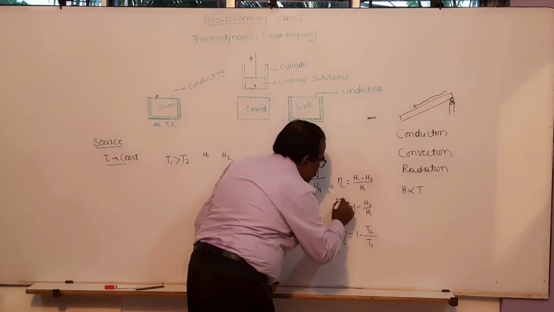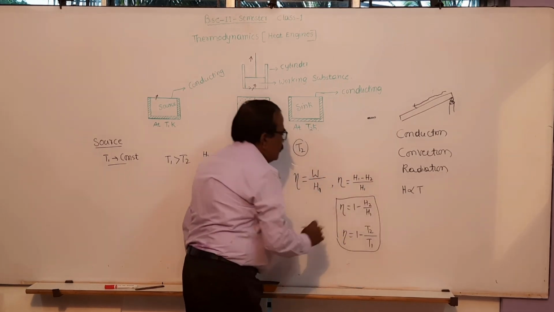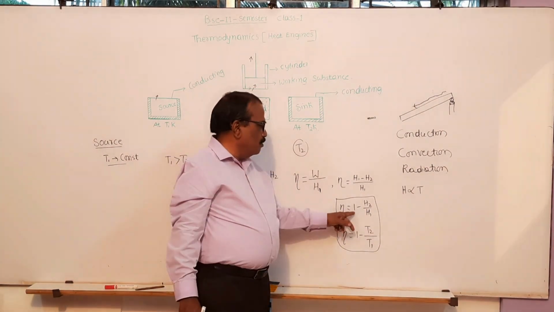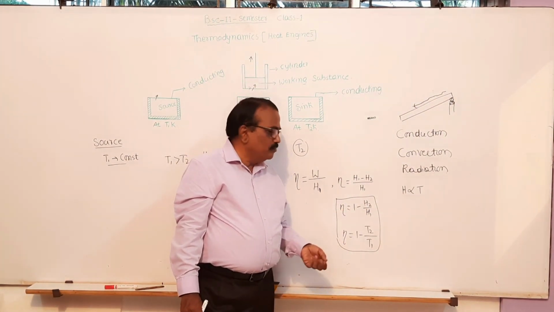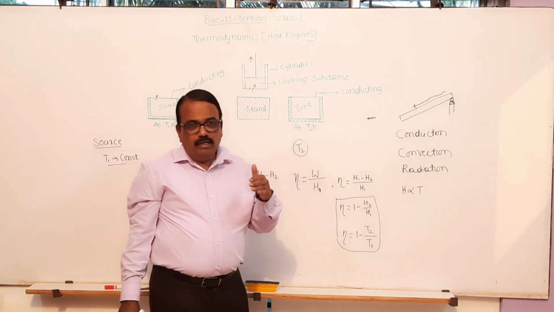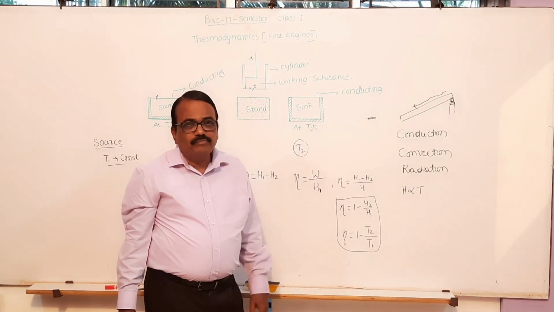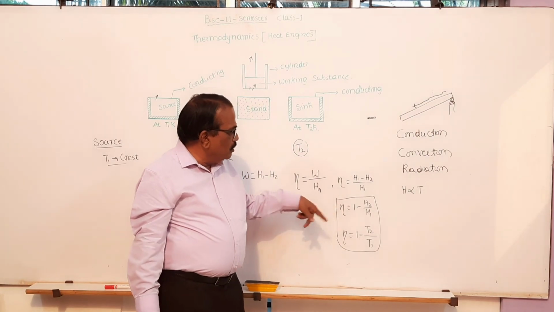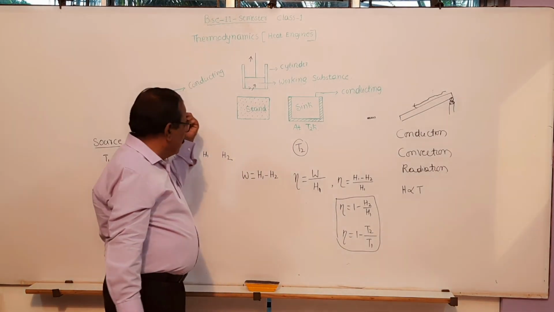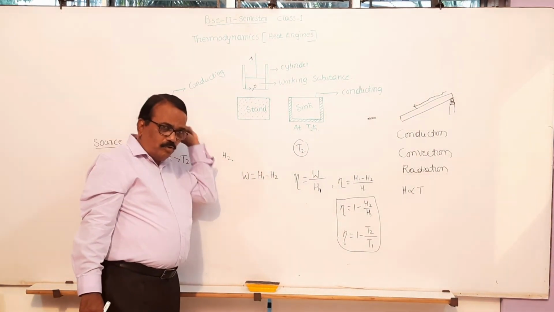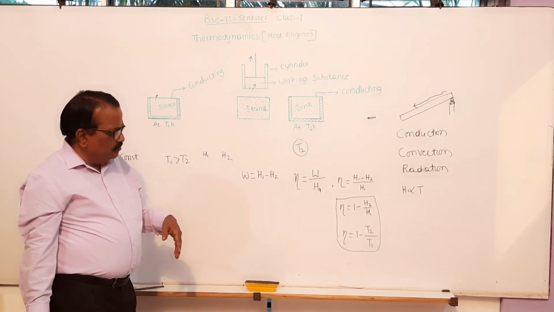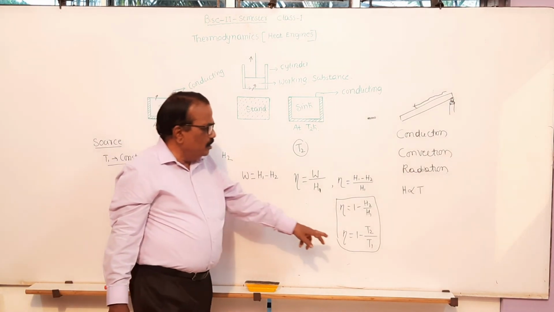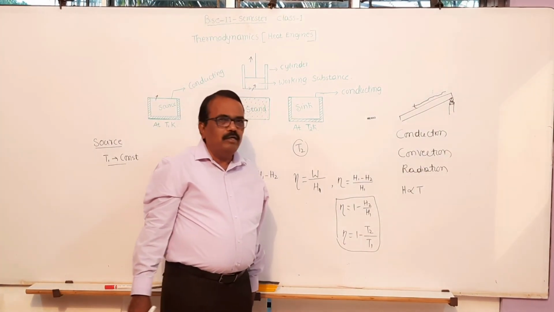You remember these two equations, they are the same. So efficiency is given by 1 minus H2 upon H1, where H2 is the amount of heat rejected to the sink and H1 is the amount of heat absorbed from the source. T2 and T1 are the decreased and increased temperatures.